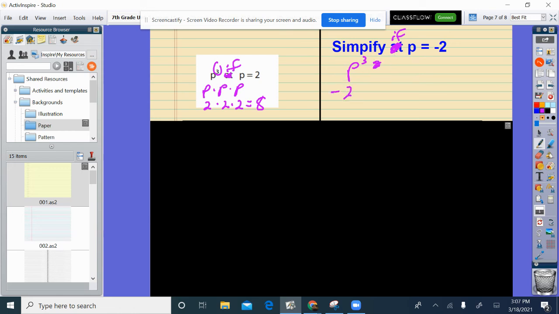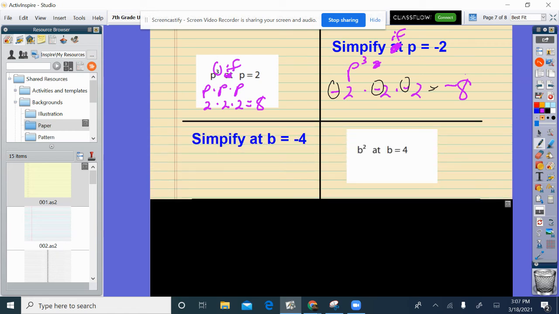So it would be negative 2 times negative 2 times negative 2. Now, note here that I have 3 negative signs. So that means my answer is going to be negative. And again, 2 times 2 is 4, times 2 is 8. So my final product is negative 8.